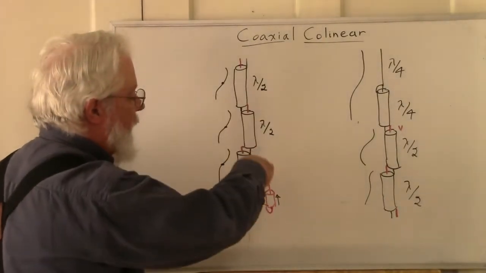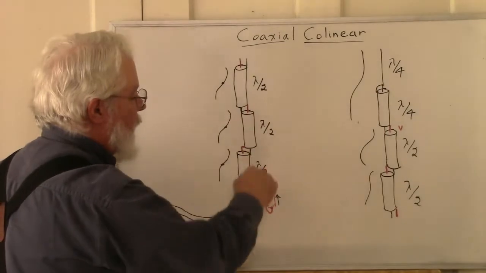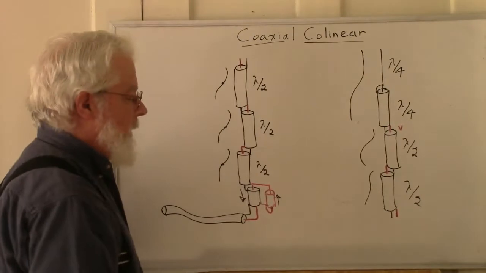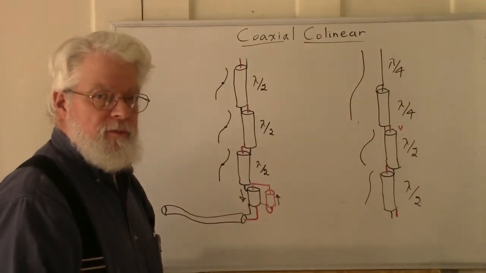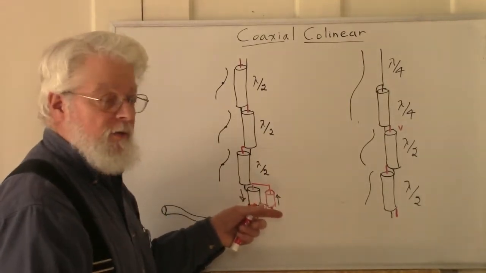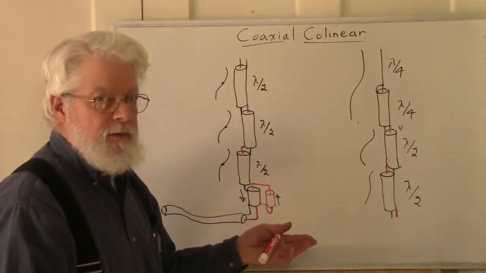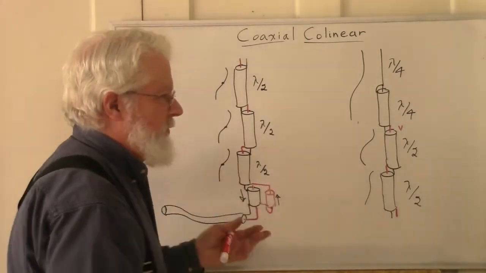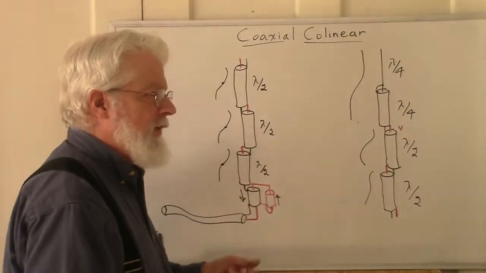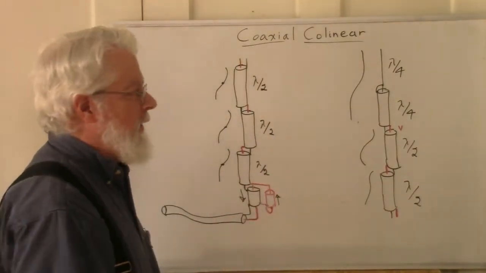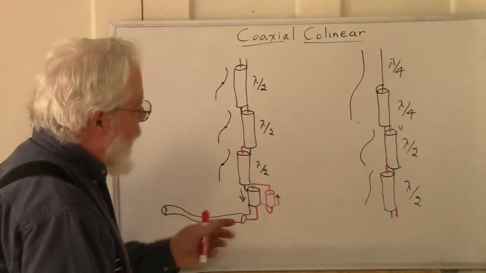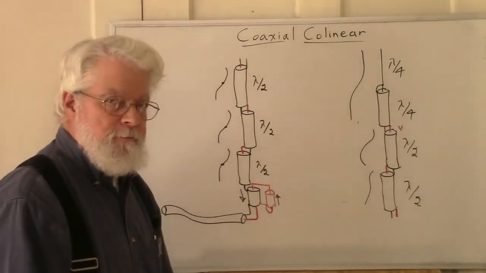So any current flowing down will see a dead short at this point and will not flow beyond that point. And so they refer to that as a balun. It's unbalanced. The whole thing is unbalanced. Maybe it's an unbalanced to unbalanced. It's a trap. I don't know. But they refer to it as a balun. And that's the antenna. And it's all quarter wave and half wave sections.